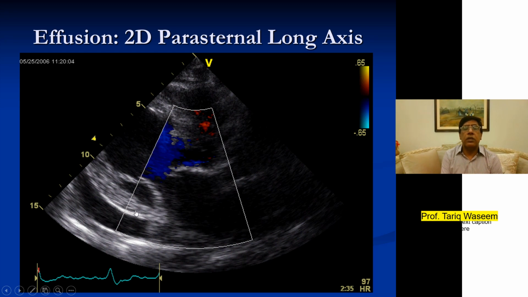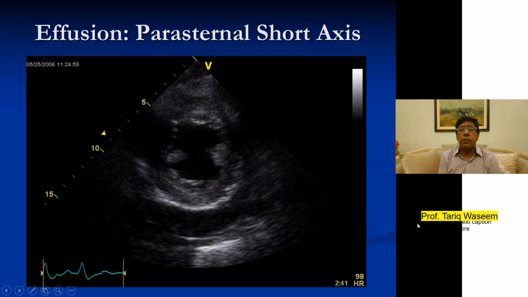This is the posterior wall of the myocardium, and this black space over here is the fluid in the pericardium. So this is the parietal pericardium, and this is the fluid posterior to the heart, or behind the heart, in the patient with pericardial effusion.